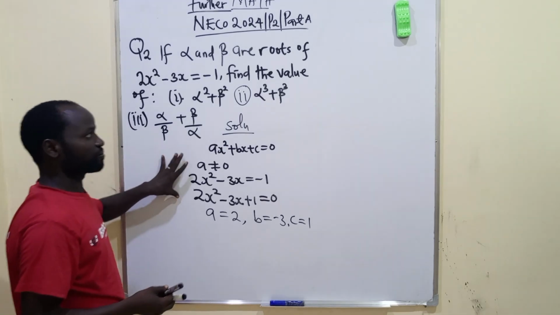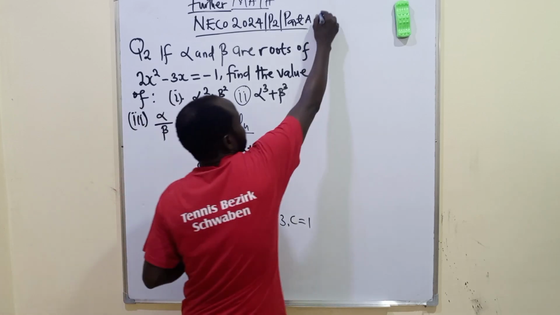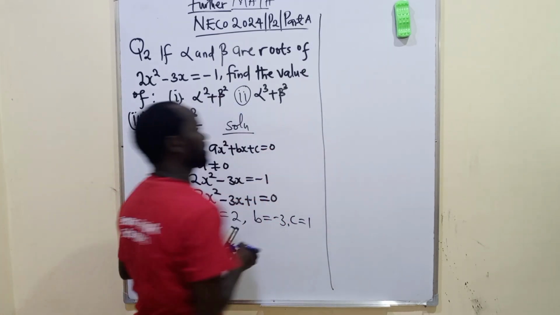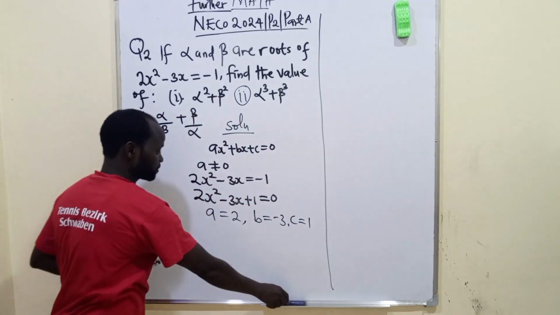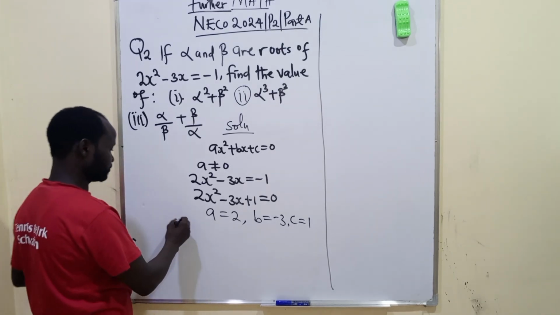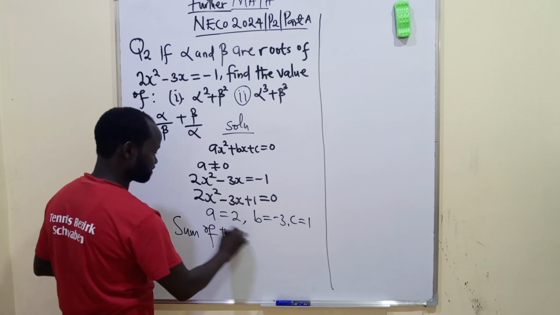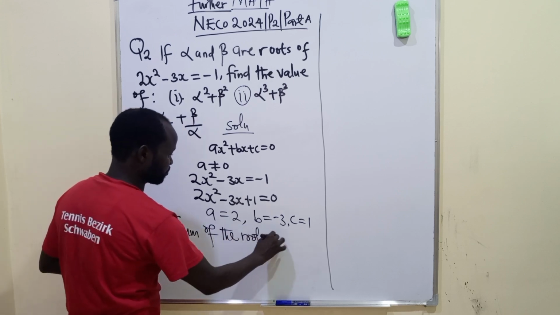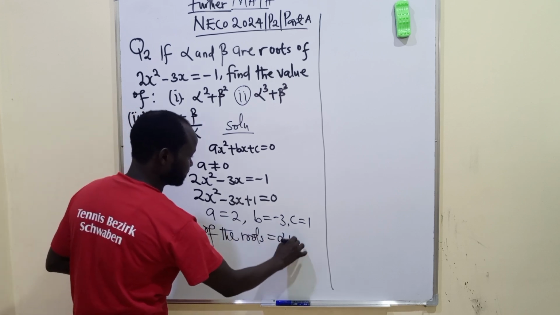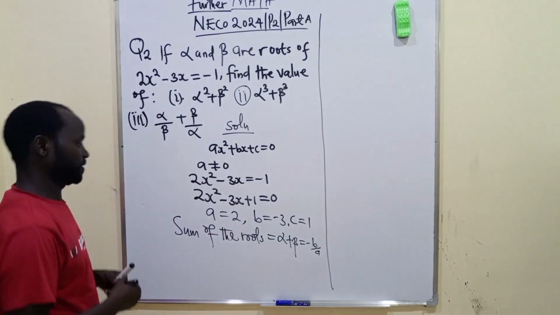With this information, we can easily find the sum of the roots as well as the product of the roots. The sum of the roots will be alpha plus beta, which equals minus b divided by a.